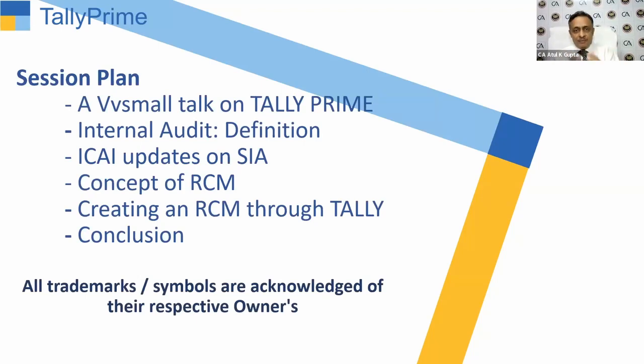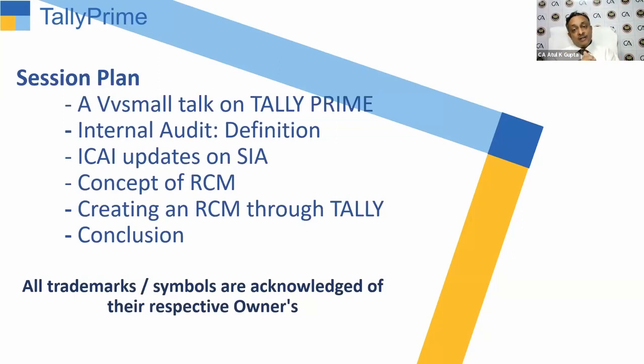Then, me being a chartered accountant, our own institute, the CA Institute, has issued standards on internal auditing, so I'll just have a very small brief. And there's a very specific standard that is relevant for today's topic and relevant for all of us who are acting as auditors. Then I have brought this idea about the concept of risk control matrix, or RCM, or risk assessment. This is the value addition that we want to have in today's session.